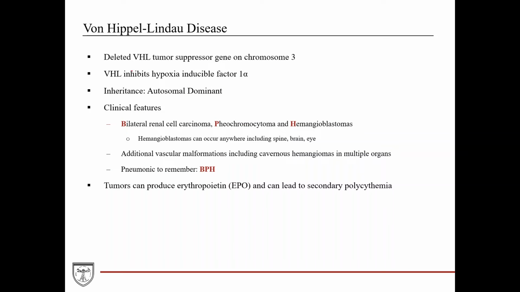So von Hippel-Lindau disease is due to the deletion of the VHL tumor suppressor gene on chromosome 3, and specifically, VHL inhibits hypoxia-inducible factor 1 alpha, which is abbreviated as HIF1 alpha. So let's come down here and draw the sequence here. So VHL is over here, and it acts to inhibit HIF1 alpha and keep it in check.